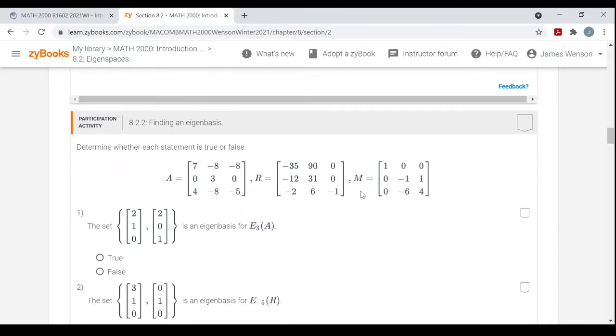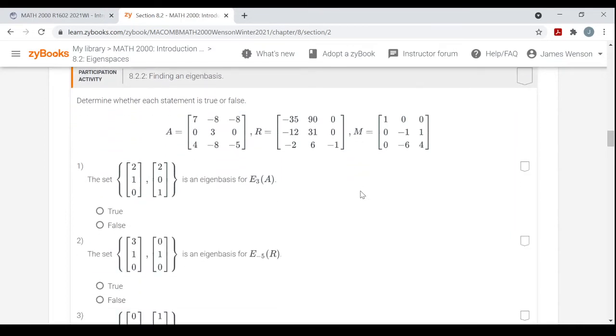Alright, so now in this next activity, we're asked to determine whether each statement is true or false. You're given these 3 by 3 matrices, A, R, and M here, and you're simply asked, is the given set of vectors an eigenbasis for a certain eigenspace?